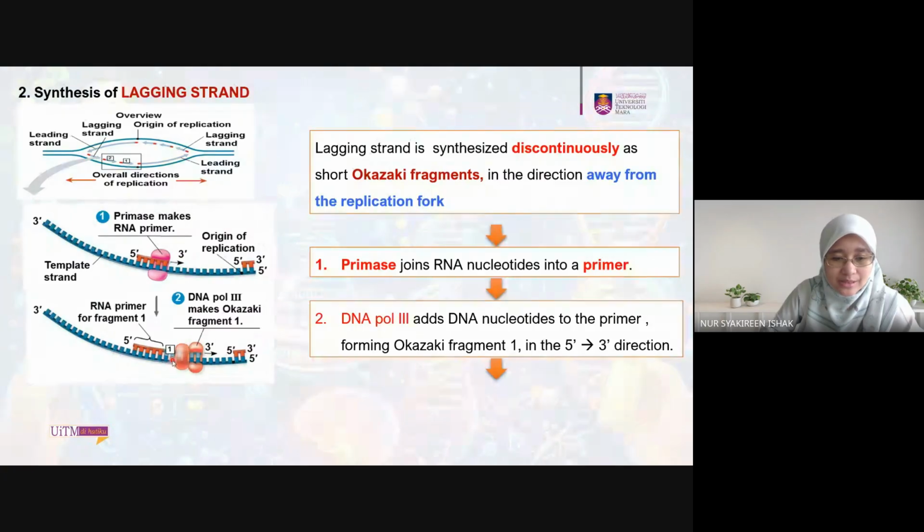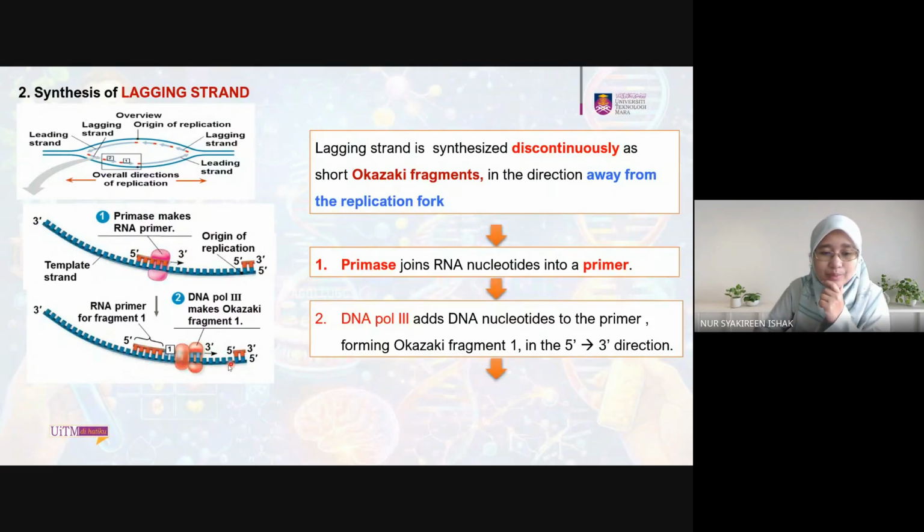As you can see, Okazaki fragments are synthesized towards the origin of replication, and the synthesis of the DNA will be from 5 to 3, because DNA polymerase 3 can only add at the 3' end. Over here, you observe that there's a 5' end of the primer of the leading strand. Once the Okazaki fragment has reached this region, its synthesis will be terminated.